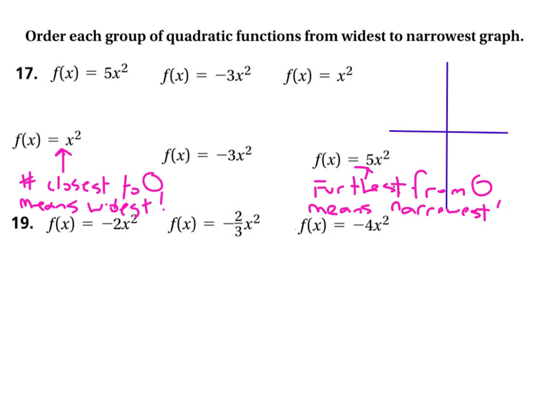And let's do that again for this last one, for number 19. Okay, which number is closest to 0? Well, negative 2/3. Negative 2/3 is closest to 0.